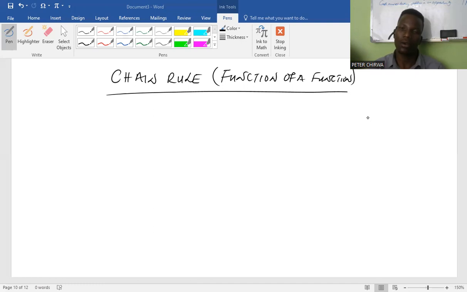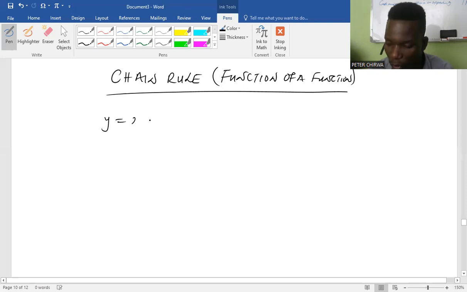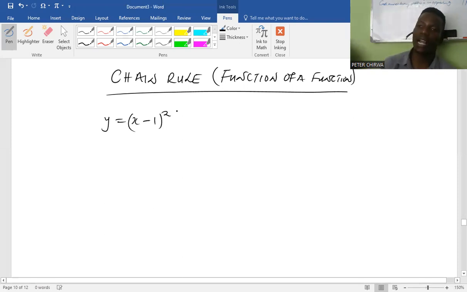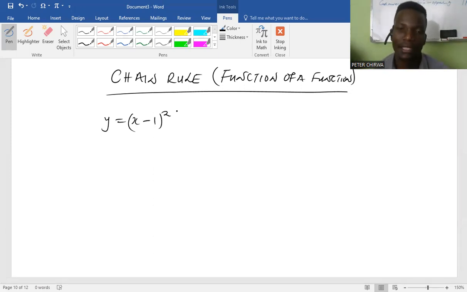Now, what if we have a function of a function? Is the product rule going to be useful? No. Let's take, for instance, a function of power 2: you are able to expand this function easily without any difficulties.